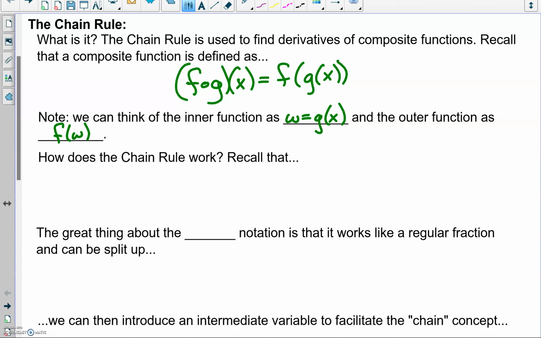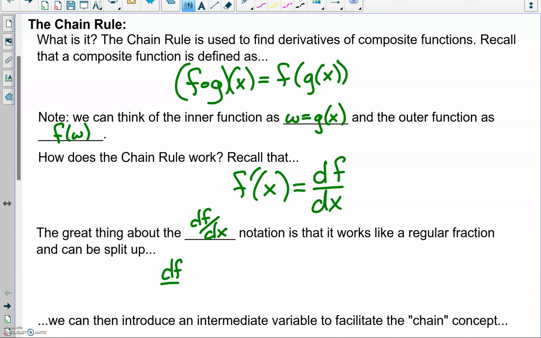So how does the chain rule work? Well, first thing to recall is that f prime of x can also be represented as df dx as a fraction. And the great thing about this fractional notation is that it works like a regular fraction and can be split up. So df dx is equal to df over 1 times 1 over dx.